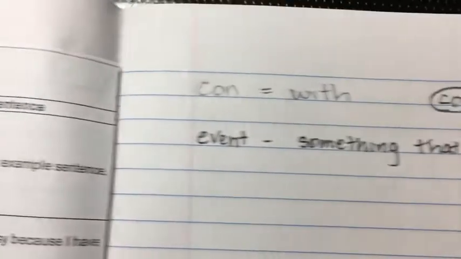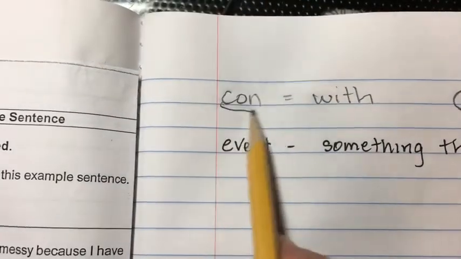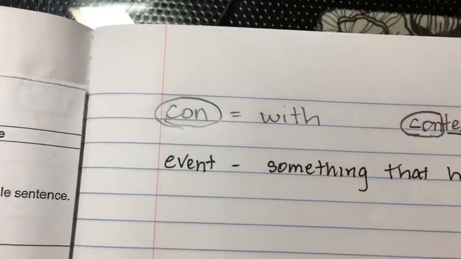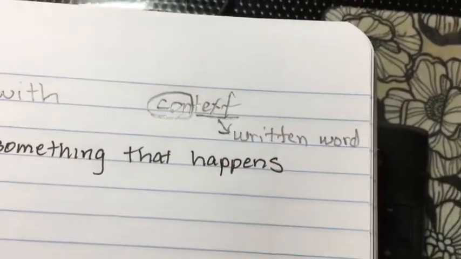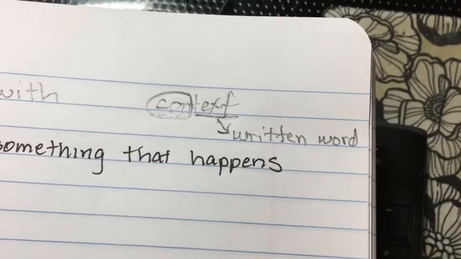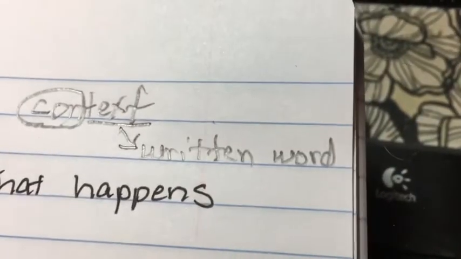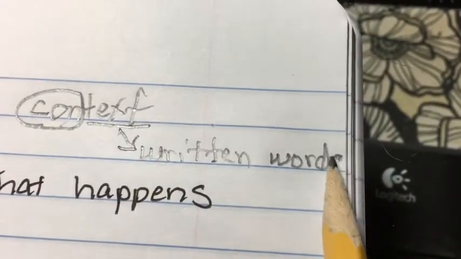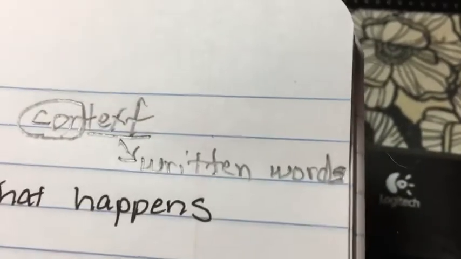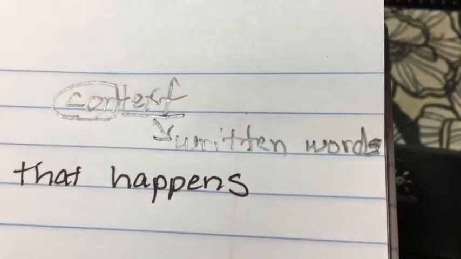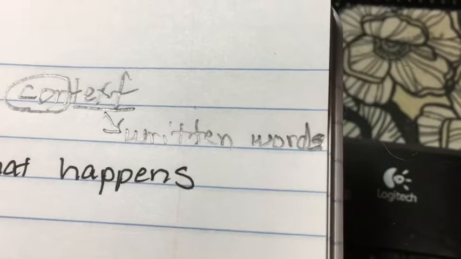And what con means is with. So please write those notes on page 53. Context. Text meaning written words. Let me put an S on the end of that. Written words.